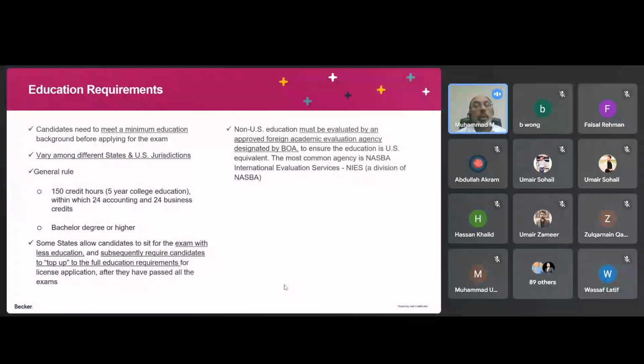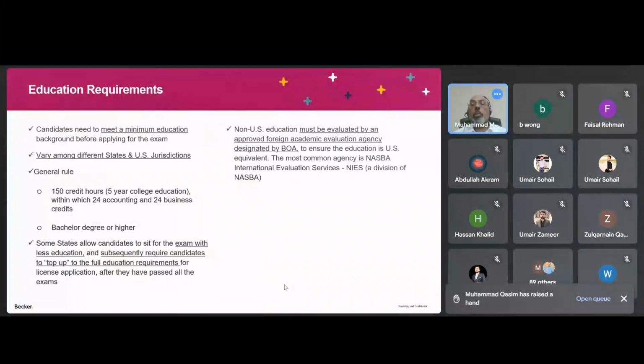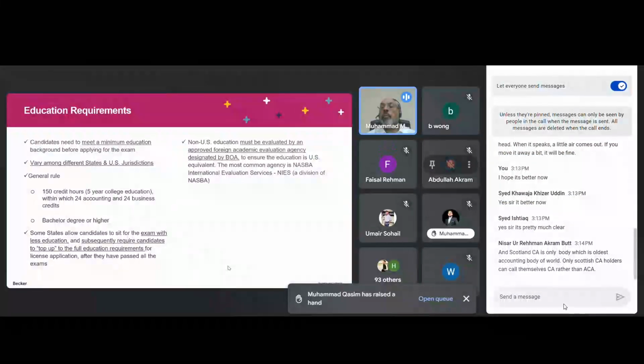But ultimately, you have to have this 150 credit hour graduation plus. So you can do the top up, missing credit hours you can add later on, as I said, and the non-US evaluation has to be done by an approved foreign academic evaluation agency, and NASBA is generally acceptable by every state for that.